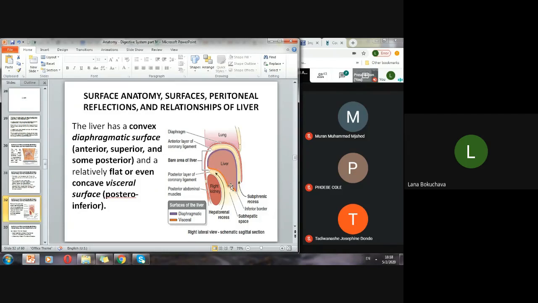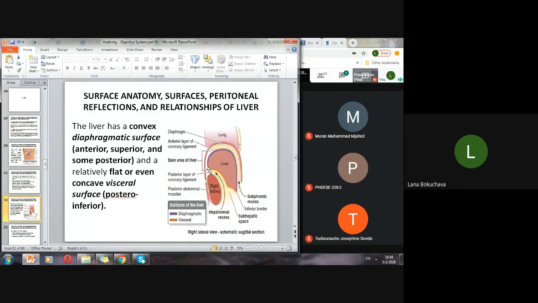The diaphragmatic surface, which is convex, is associated with the anterior, posterior and superior parts. The visceral one is mainly associated with the posterior inferior region of the liver.